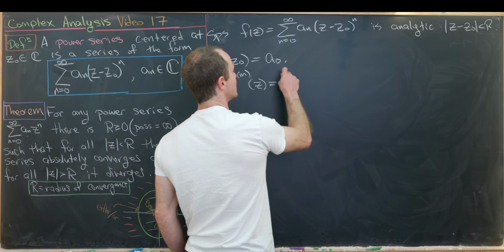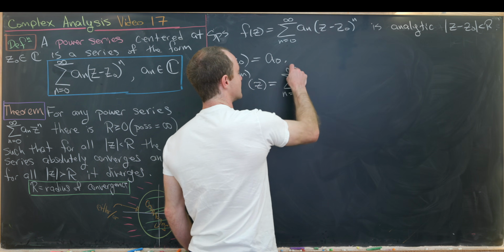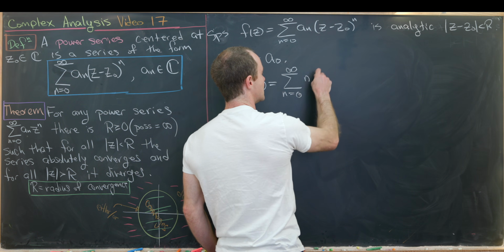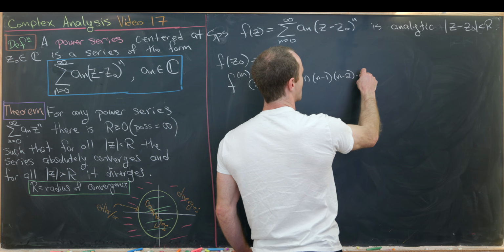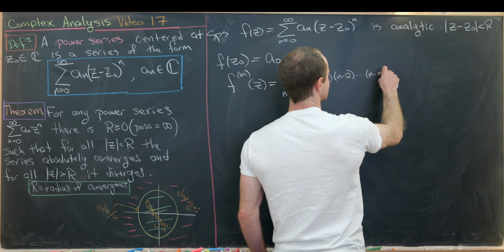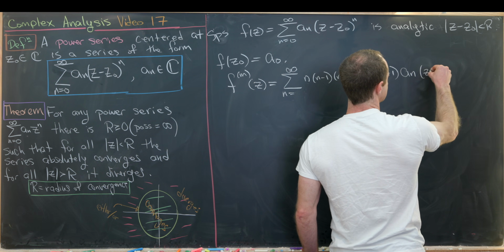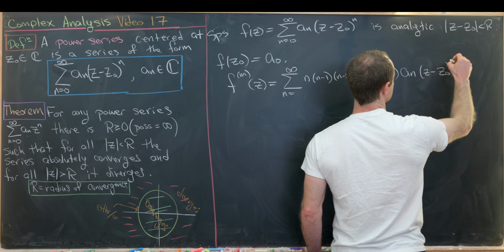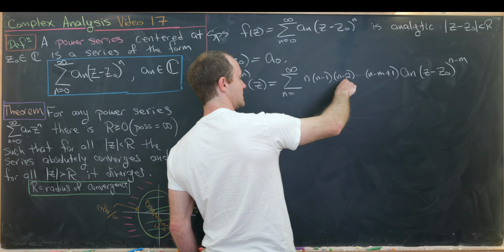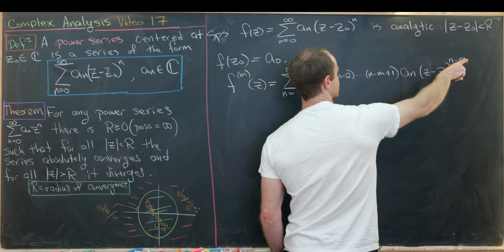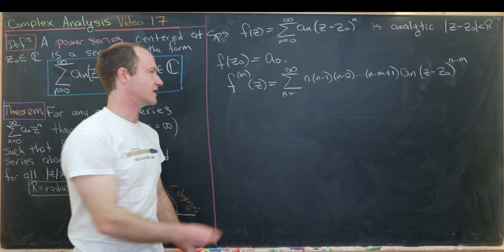The mth derivative of f of z will be the sum as n goes from 0 to infinity of n times n minus 1 times n minus 2 all the way down to n minus m plus 1, and then a n times (z minus z naught) to the n minus m. So we have a product of m terms here, and we had to subtract m from the exponent because, again, we're taking the mth derivative.